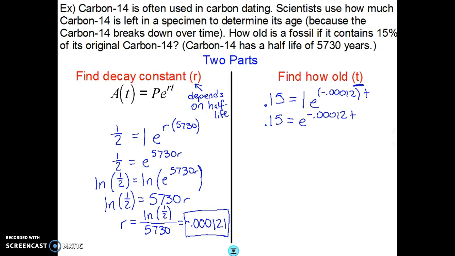To go from here, this is just a basic exponential equation. We're going to take the natural log of both sides.